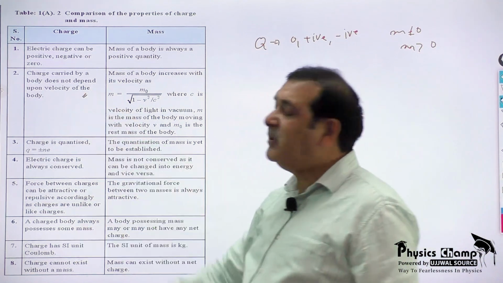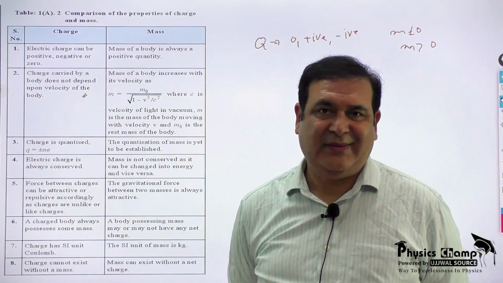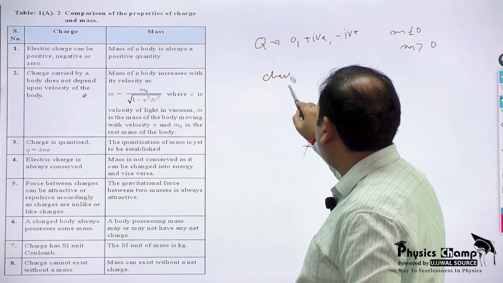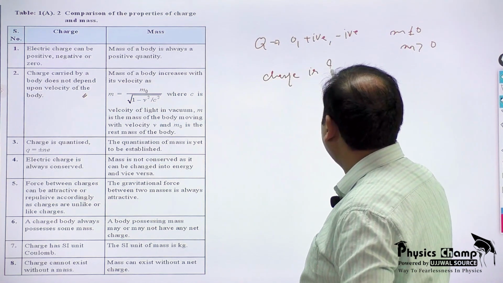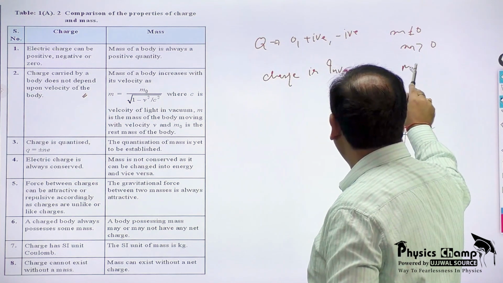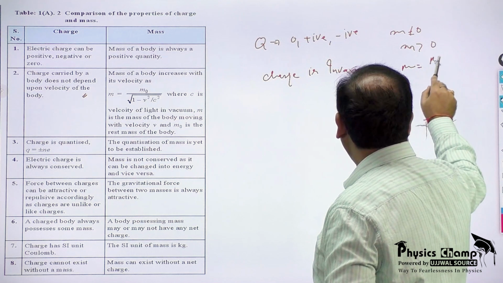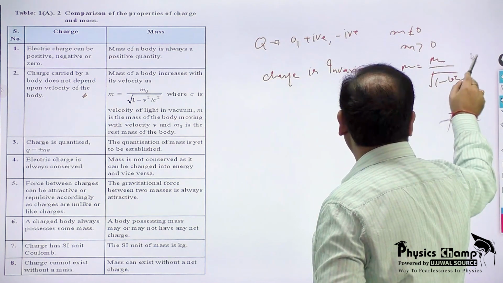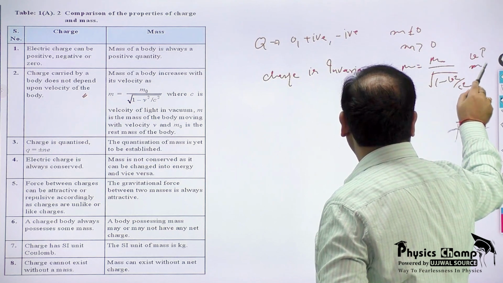Charge doesn't depend upon velocity. Charge is invariant, whereas mass is m naught by root 1 minus v square by c square. So as the speed is increased, the mass also increases.